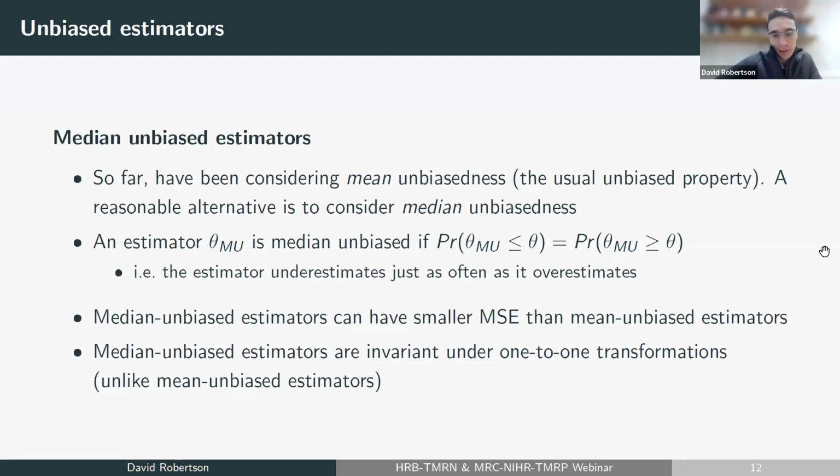It's important to say median unbiased estimators typically are not mean unbiased, but they can have advantages. They can have a smaller mean square error than mean unbiased estimators. As well, they're invariant under one-to-one transformations, unlike mean unbiased estimators. Again, we'll see an example of a median unbiased estimator in the group sequential trial context in a few slides.